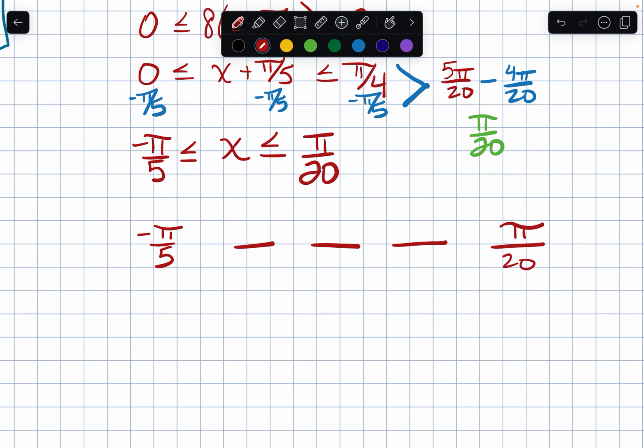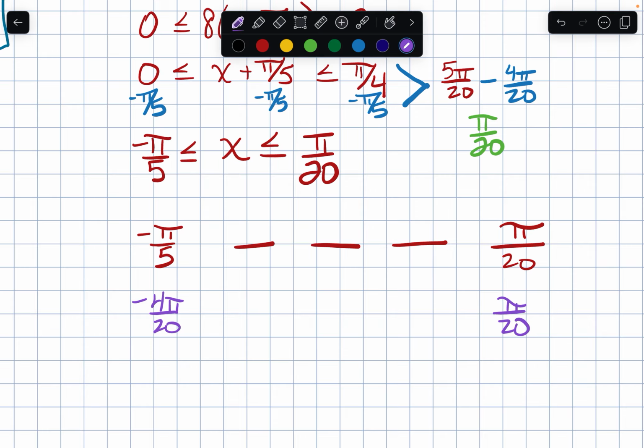So to figure out where the heck we go in the middle here, I'm going to convert the pi over 5 here into negative 4 pi over 20. And this is positive 1 pi over 20. So that's a total of 5 pi over 20 difference if I subtract those to find the range.